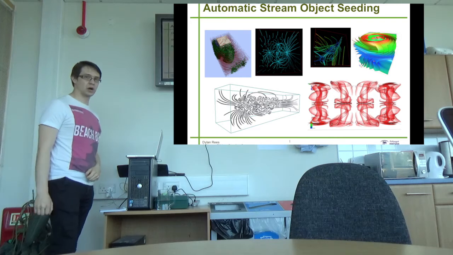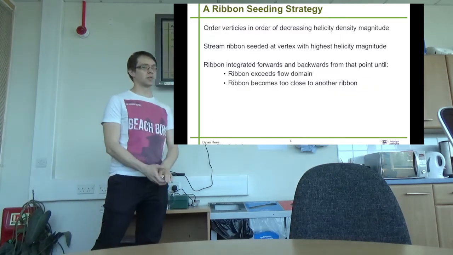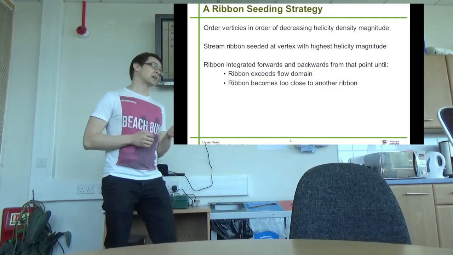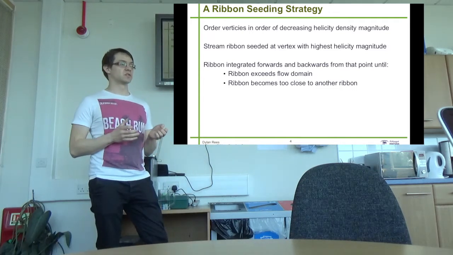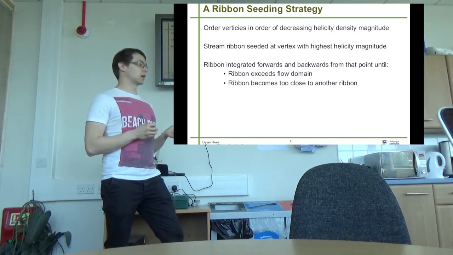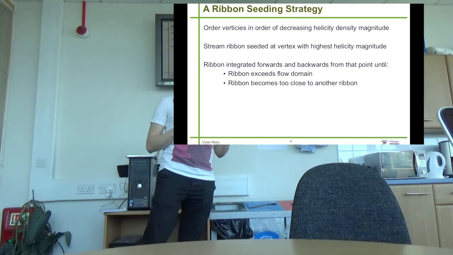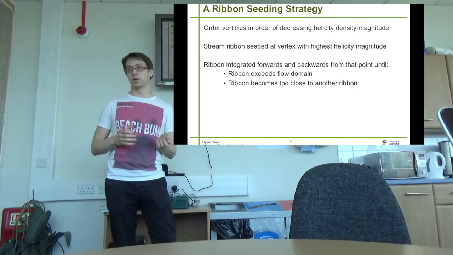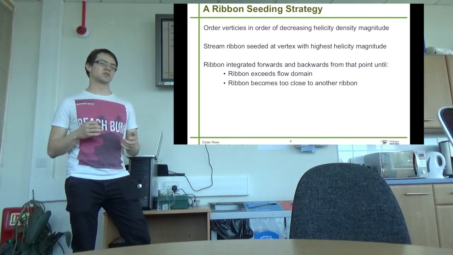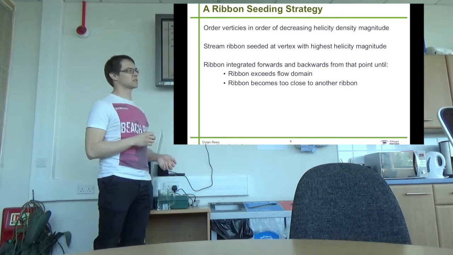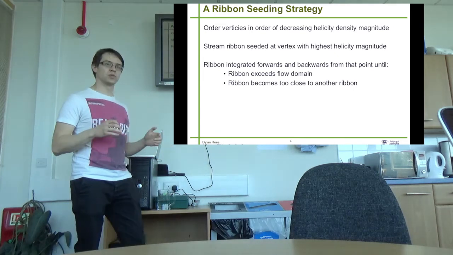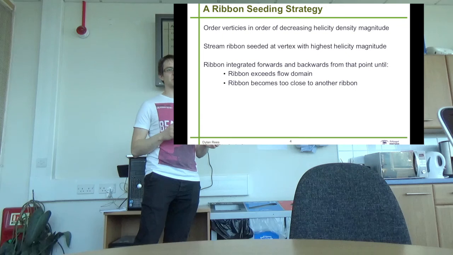So we move on to our seeding algorithm. Our algorithm utilizes the helicity of the flow field to place the stream ribbons, using the benefits of stream ribbons to actually show the helicity within the field. First we need to calculate the helicity density at each vertex within the flow field, and then order these by the helicity density magnitude.